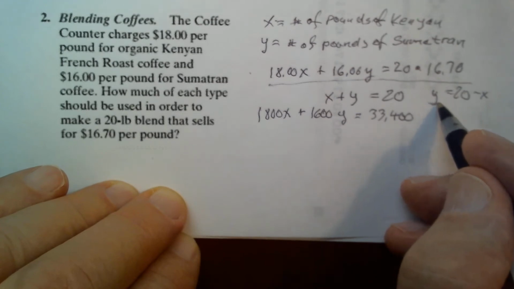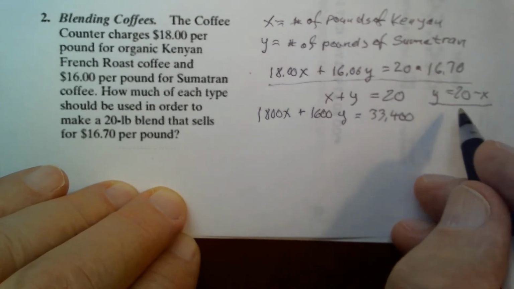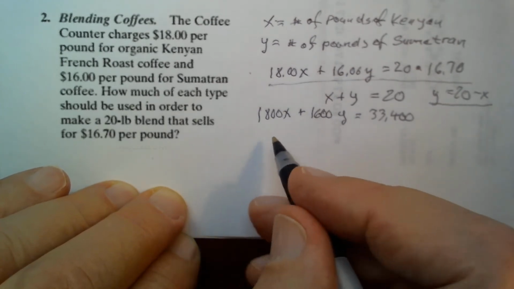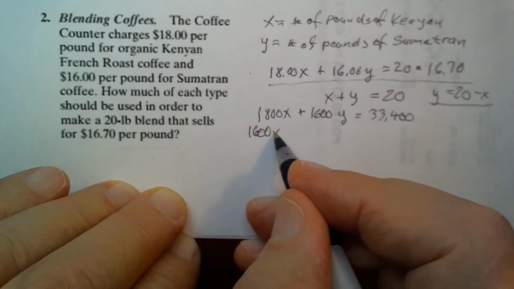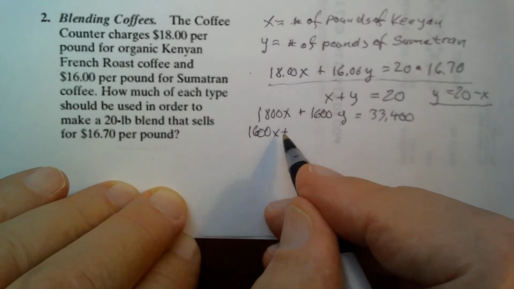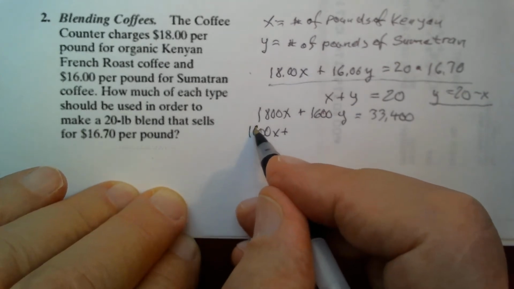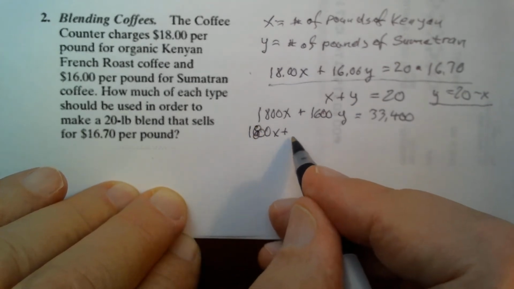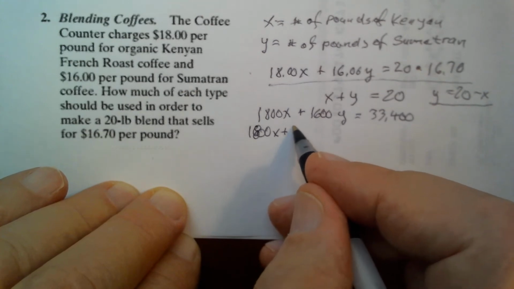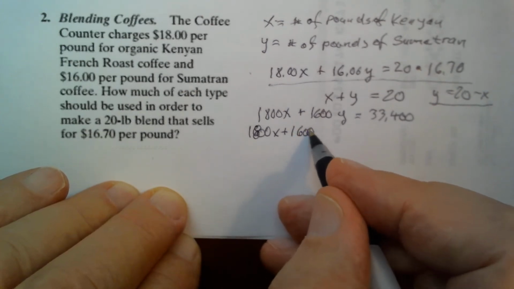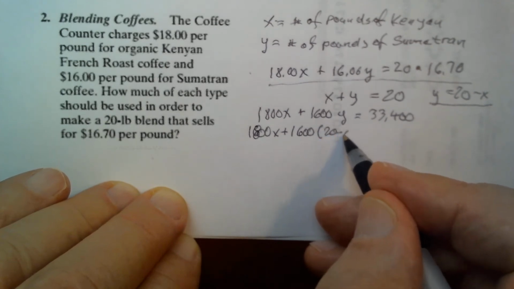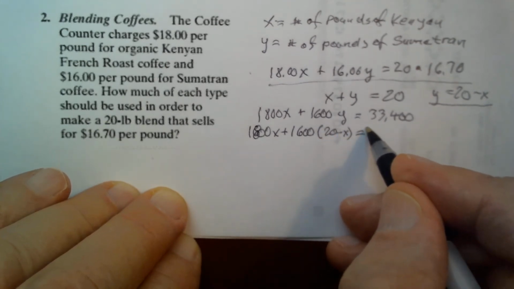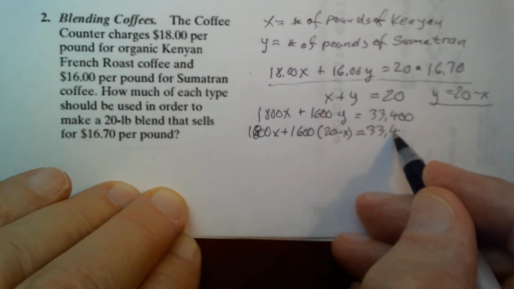Now let's substitute for y the expression 20 minus x in the first equation. So we have 1,800x, sorry about that, plus 1,600 times 20 minus x equals 33,400.